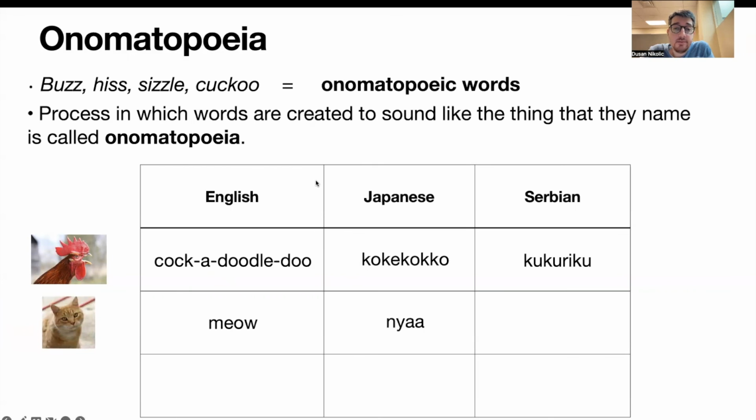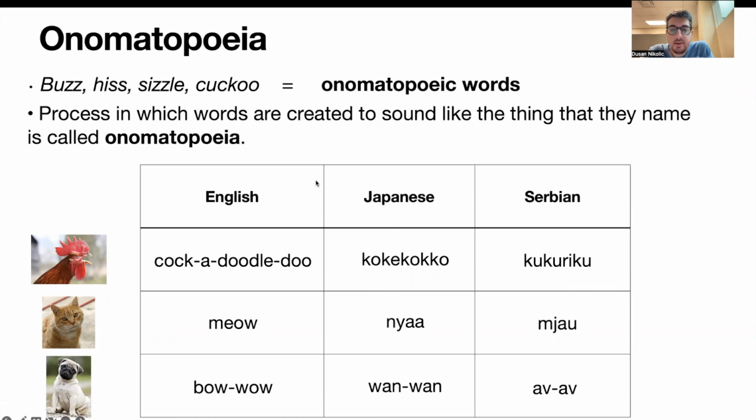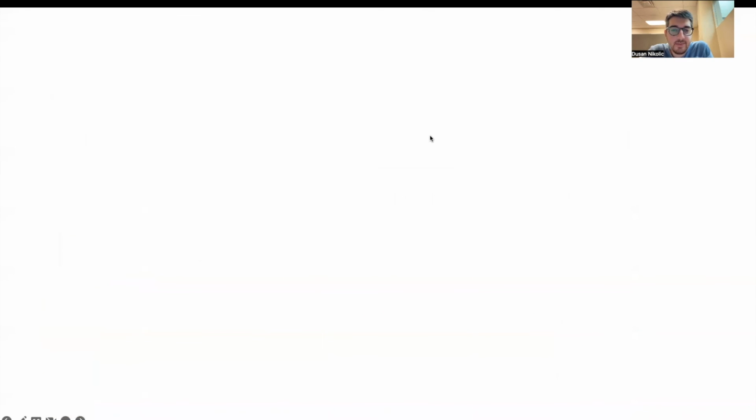Cat, meow. Japanese, nya. And Serbian, mjau. Dog, bow wow or woof woof. And in Japanese, wan wan. In Serbian, av av, right? So different languages produce these in different ways because we hear them differently, or simply because our native languages influence how we are going to transcribe them, how we're going to represent them on a piece of paper. So that's why this is av and not bow wow, right?